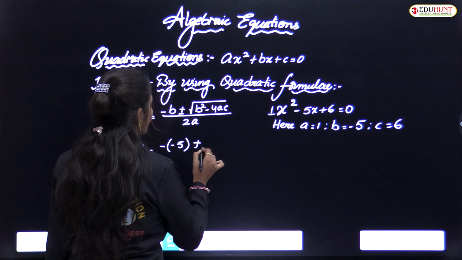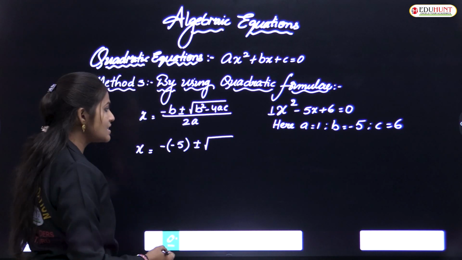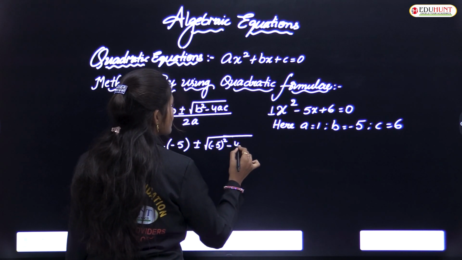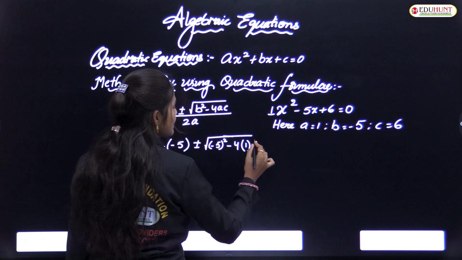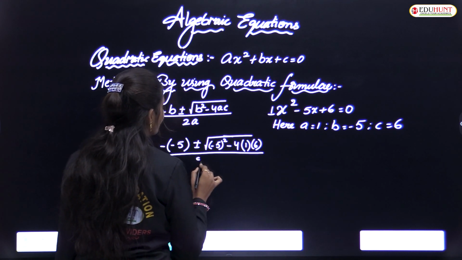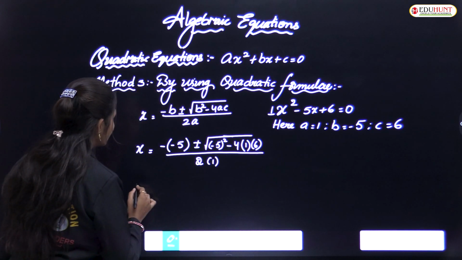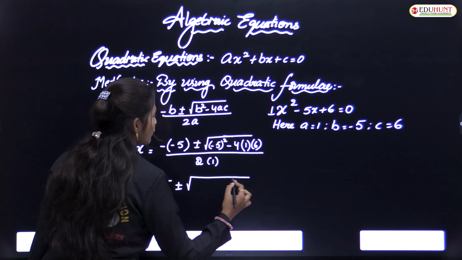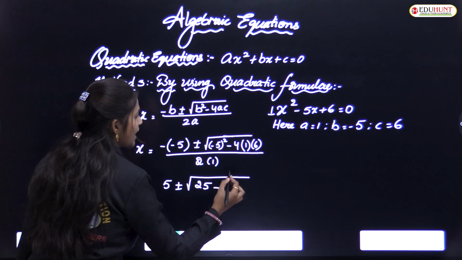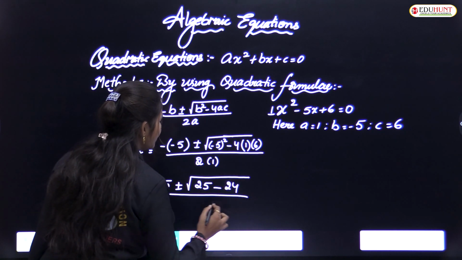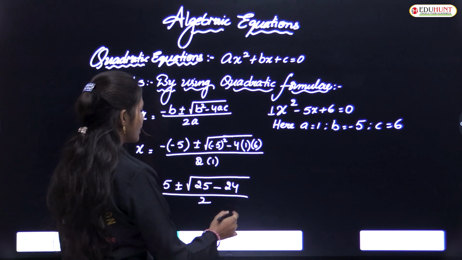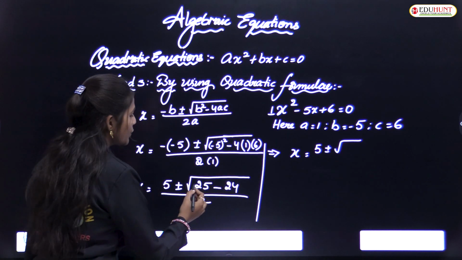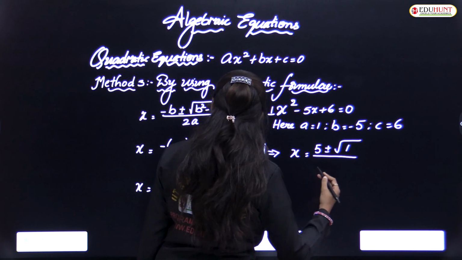Then plus or minus square root of b square, that is minus 5 whole square, minus 4 into a is 1 and c is 6, whole by 2 into a is 1. Substituting, x is equal to minus into minus plus 5, plus or minus square root of 5 5s are 25 minus 4 6s are 24, whole by 2 into 1 is 2. So x is equal to 5 plus or minus square root of 25 minus 24, which is 1, whole by 2.